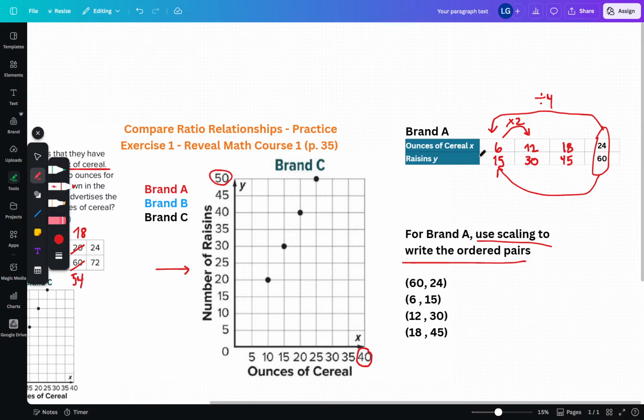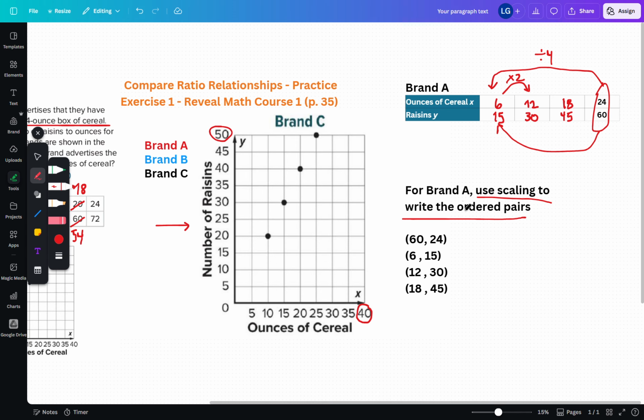So now we have 3 new equivalent ratios besides 24 and 60. And if you notice, 6, 12, and 18 are on the x-axis, and 15, 30, and 45 are on the y-axis, so I can graph all these points. So the first point is going to be 6, 15.